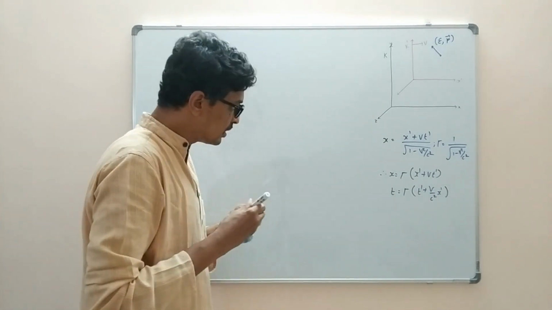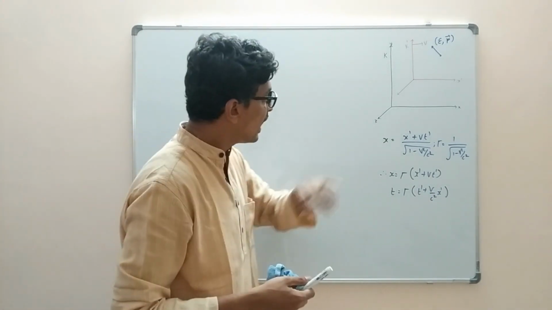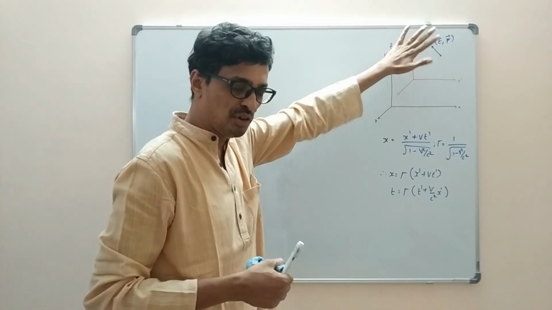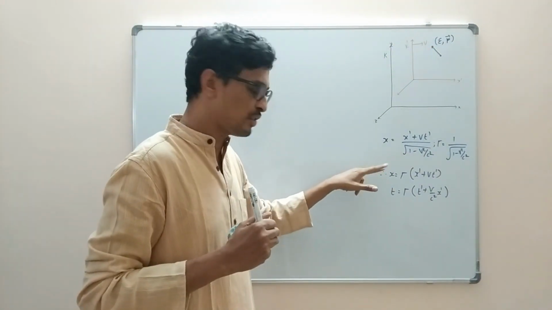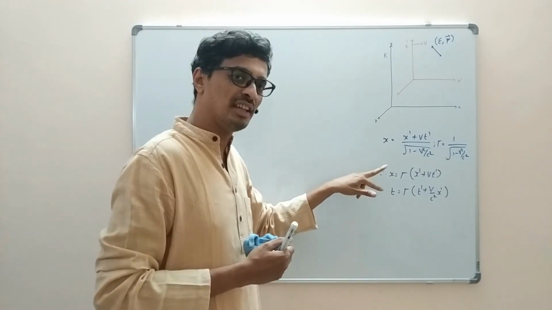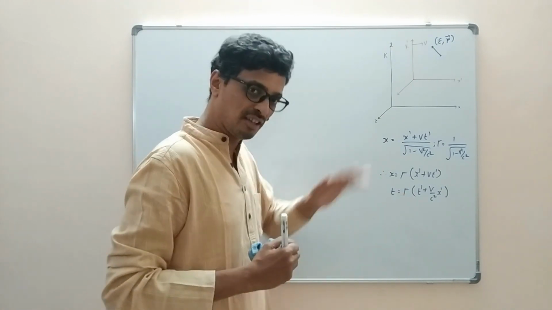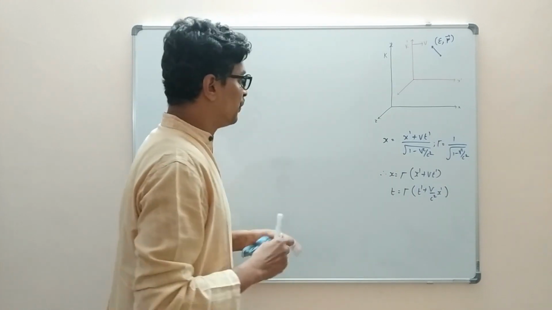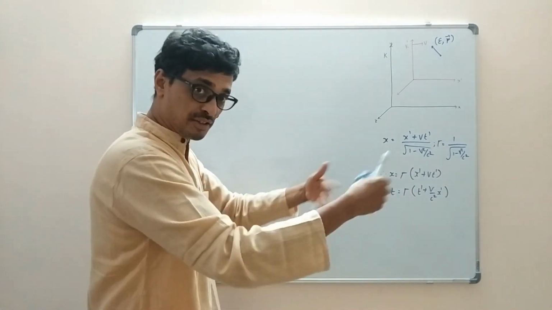In fact, to transform momentum and energy also, all you have to remember is only these two transformations. If you know these two relations, you can in fact get all the Lorentz transformations, so all the physical quantities.